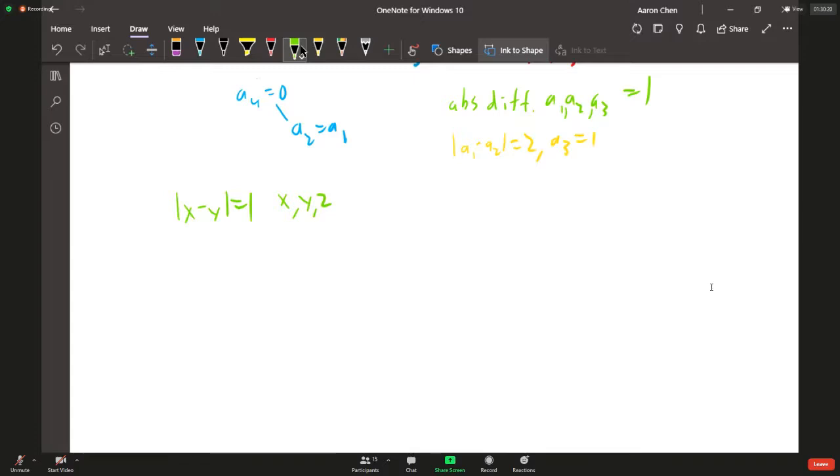And so the number of ways to arrange this such that there's still a consecutive set of two numbers such that their absolute difference is 1. So there's a total of 4, and they're x, y, z, y, x, z, z, x, y, and z, y, and x. All right.